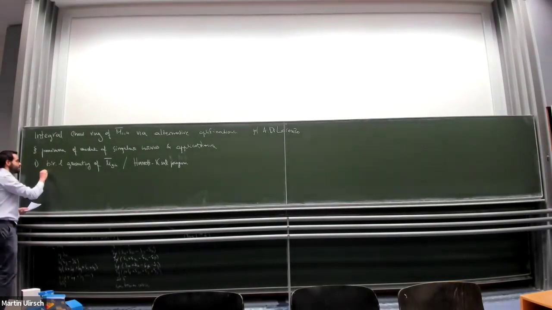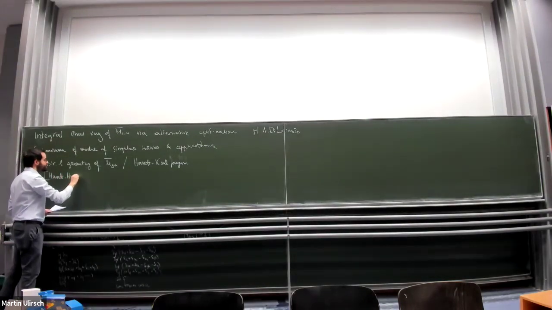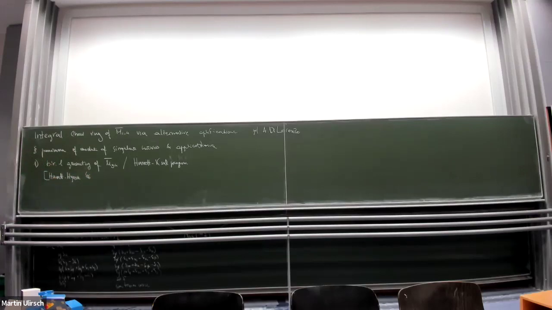So we started with what is called the Hassett-Keel program, which started in a sense even before, very much from the perspective of the minimal model program.